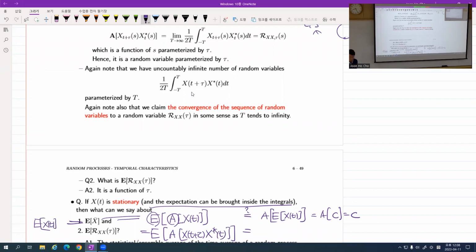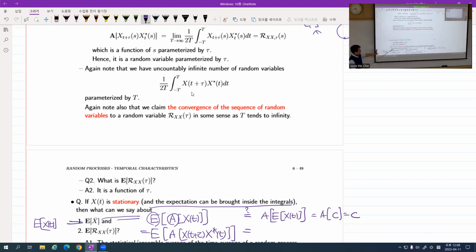Strange notation. Be careful. See that? This is the expectation of a random variable, right? This in general is what? Expectation of a random process, which is a function of time. However, that is constant for all t. So this is not a function of t. That's why we can say that they are equal. Be careful.